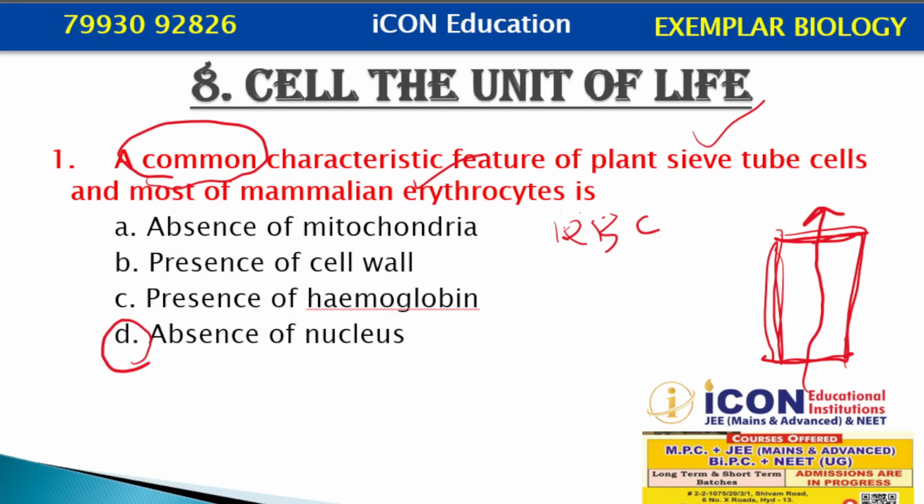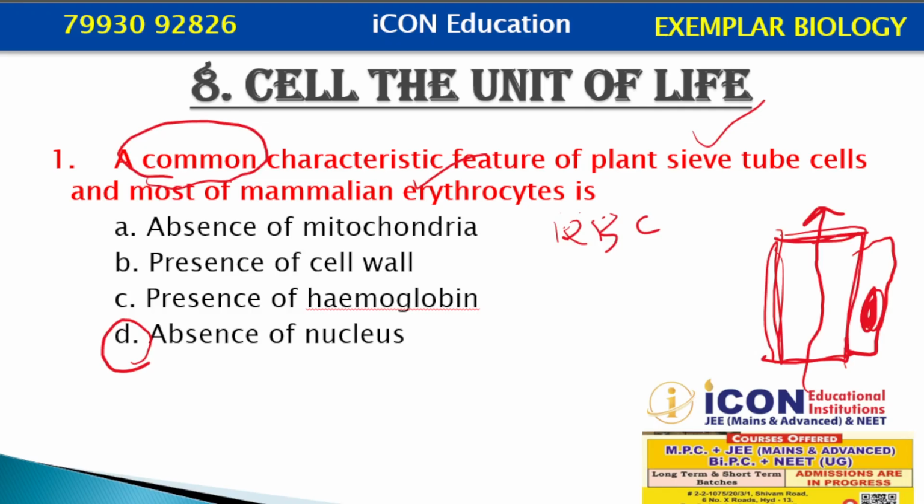And then in its neighbor, companion cells are present. The neighboring cells of the sieve tube cells are companion cells. So the nucleus of the companion cell will control the function of the plant sieve tube cells. That's why the mature sieve tube cells lack nucleus.